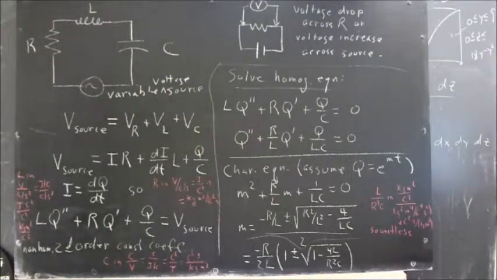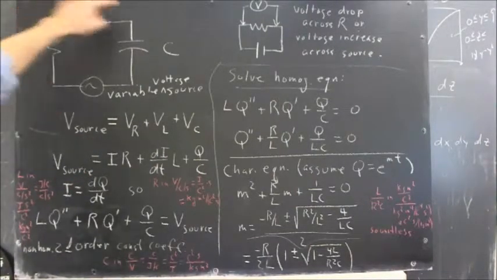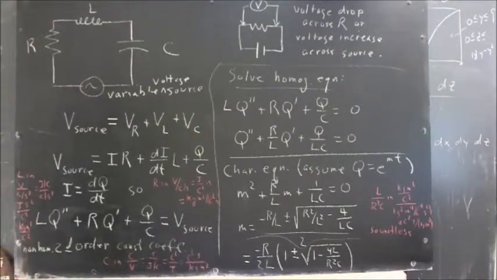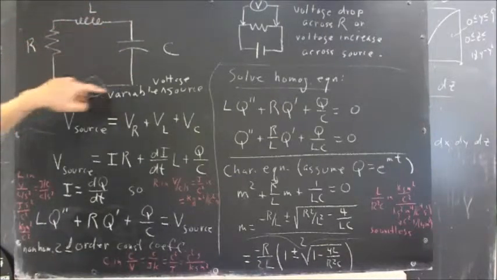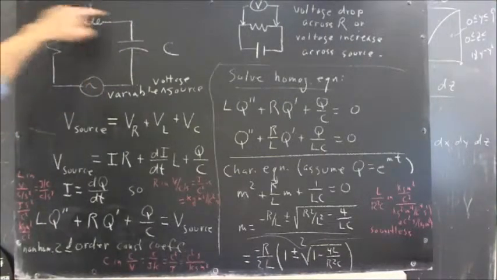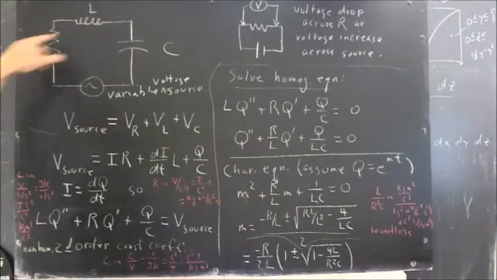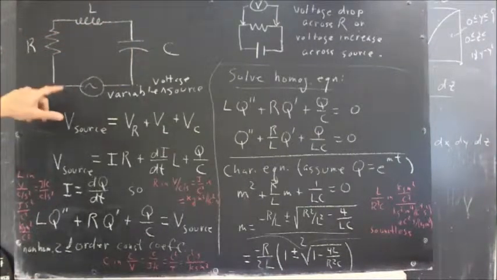Now, it turns out that the voltage change as you move around a circuit has to be zero. This is a result of the fact that the electric field is conservative in nature. So if we travel around the circuit through these wires and devices, then we're staying within an electrical field.